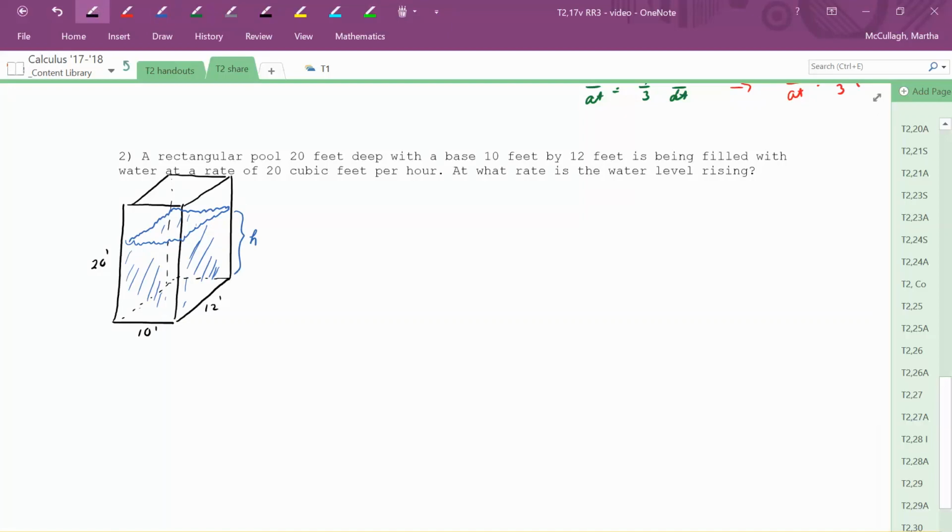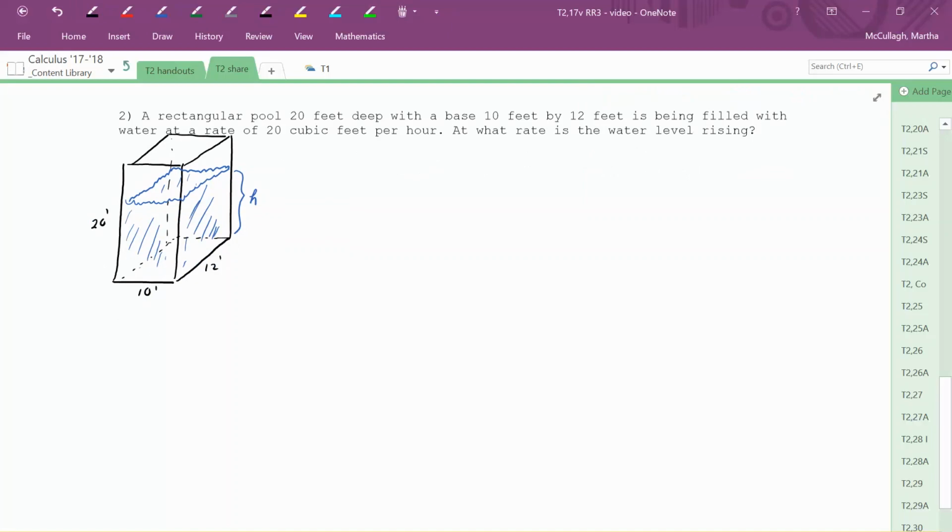The other thing that isn't changing is they say that it's being filled at a rate of 20 cubic feet per hour. So what is changing here? It's the volume of the water that's changing. So our dV/dt is equal to 20 cubic feet per hour. Okay, and again, that's not changing. Well, what is it we want to find here?